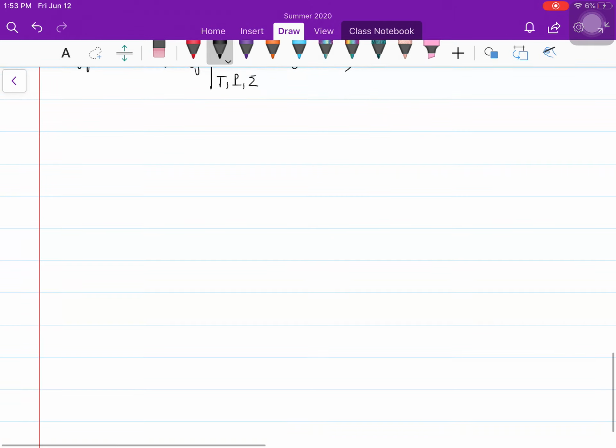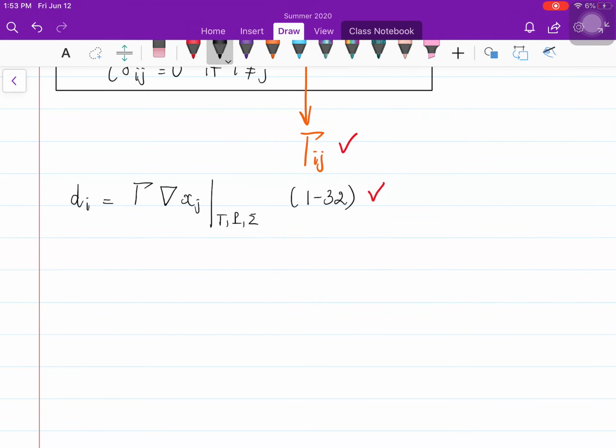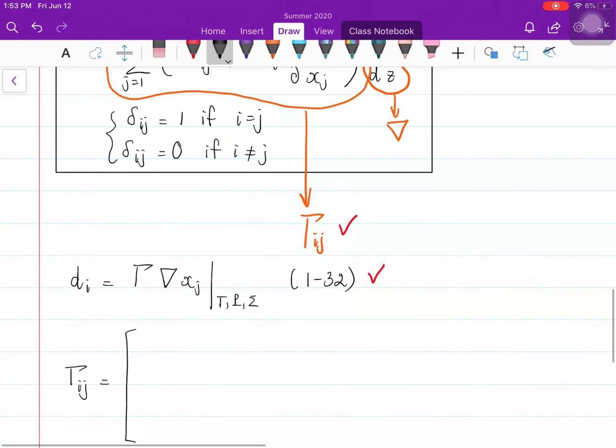For further clarification, let's say I have a mixture of 3 components. So the thermodynamic factor of this mixture would be, for the first row, i would be 1.